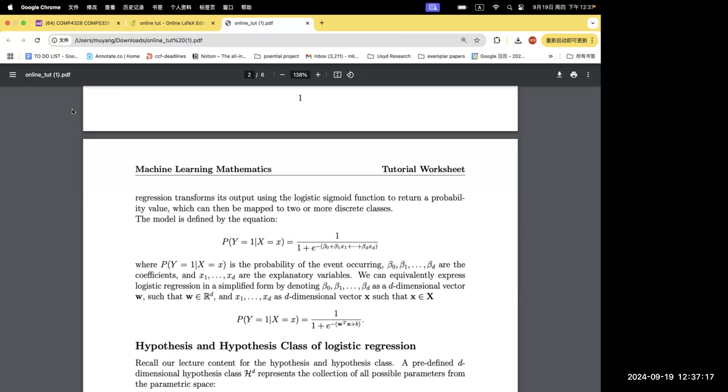The sigmoid function transforms this original prediction into a fixed value range between 0 and 1, so that the prediction of a logistic regression model can be interpreted as the probabilities of our classification.